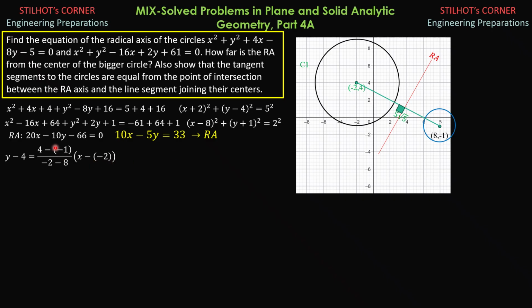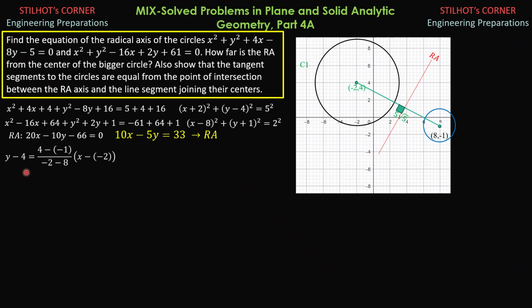So 5 over negative 10 is negative 1 half, which is the negative reciprocal of the slope of the radical axis. The slope of the radical axis is negative 10 over negative 5, so that's 2. And the slope of this line segment joining the centers is negative 1 half. So that proves that the radical axis and this line are perpendicular to each other.